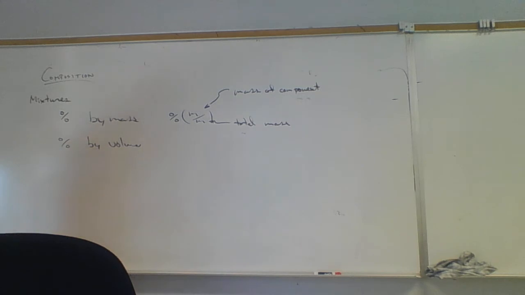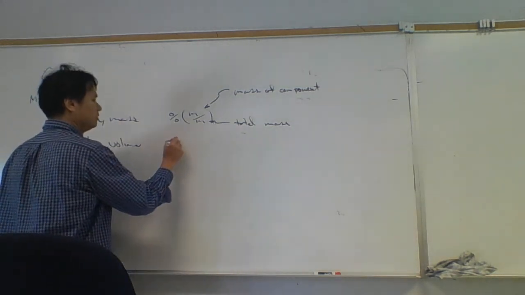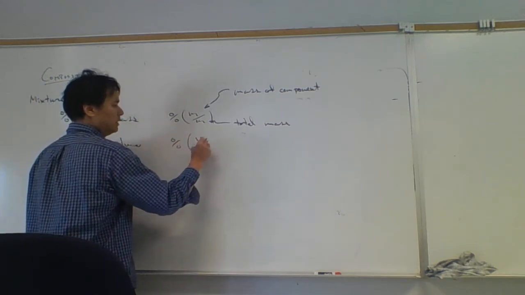So that would be an M over M percentage. And then we have a V over V.